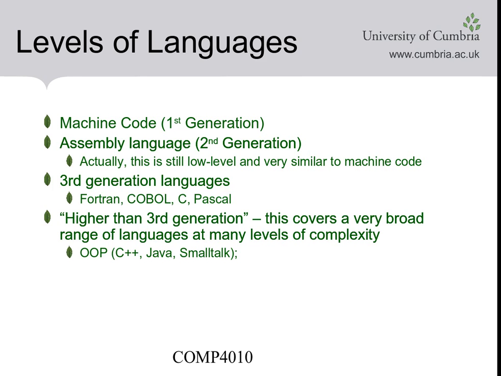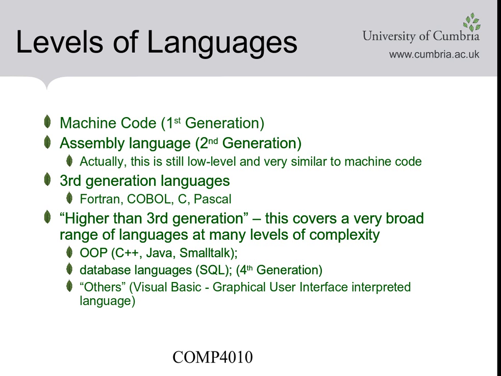You can get object-oriented programming languages like C++, Java, Smalltalk, for example, and then database languages like SQL, structured query language, which allows you to do some very, very sophisticated things with databases using very English-like statements.